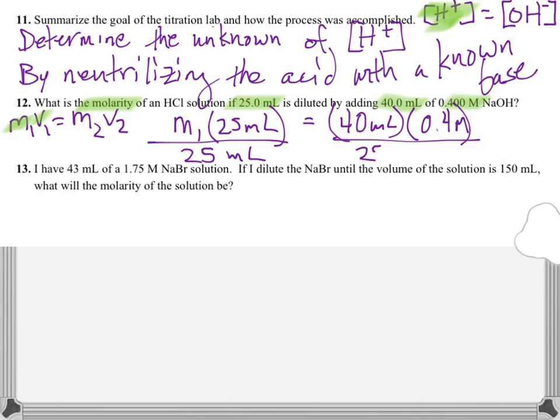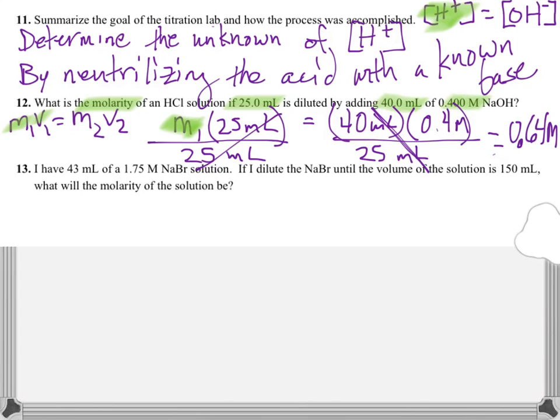It's going to cancel out on the left, so we're going to be left with just the molarity of the original solution equals 40 times 0.4 divided by 25. Notice that the milliliters are going to cancel out, and we are going to get 0.64 molar.